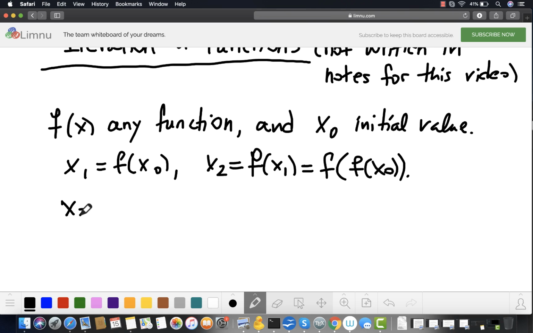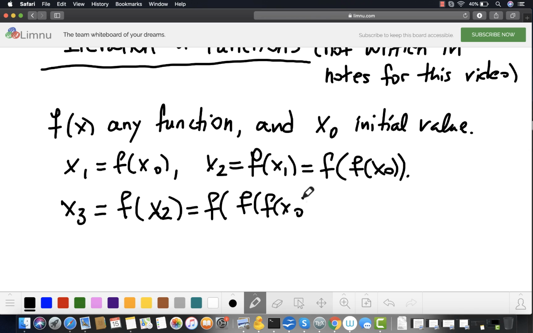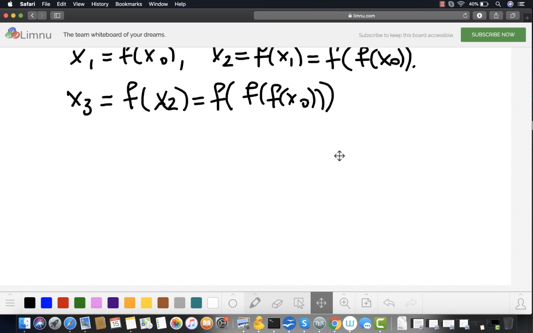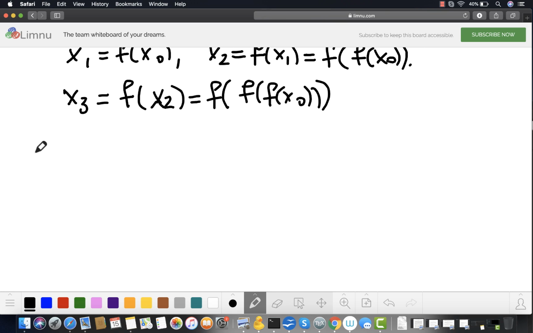So let's look at x sub 3. I want to define x sub 3 recursively, by applying f to x sub 2. But that's the same thing as applying f squared. I know what x sub 2 is from the above relation. So this is like applying f squared to f of x0. So we see that the sequence under consideration is the following. The first term is x0, this is our initial value.